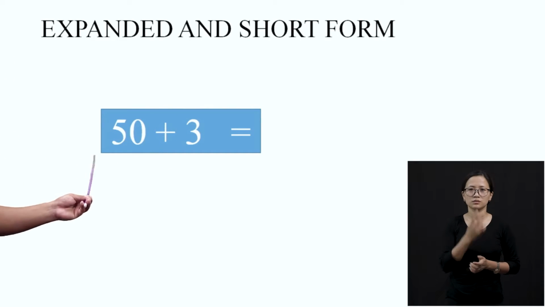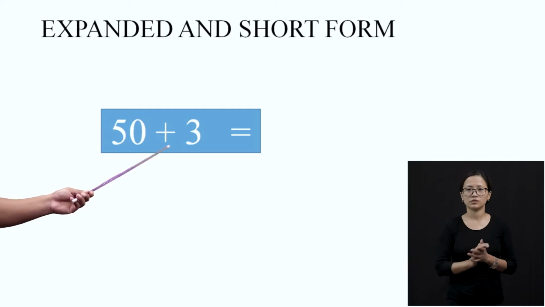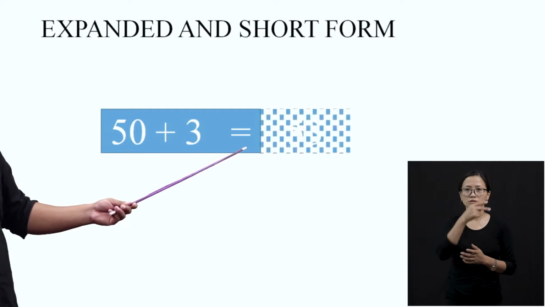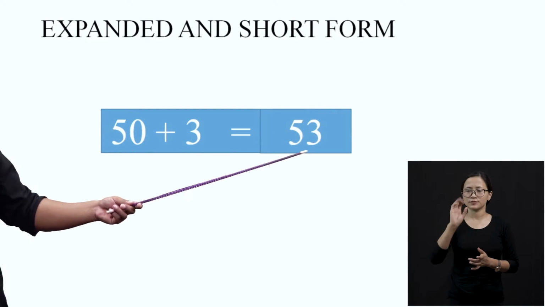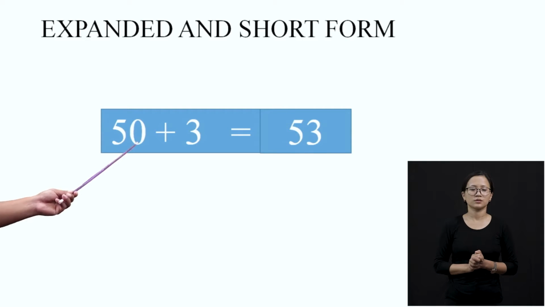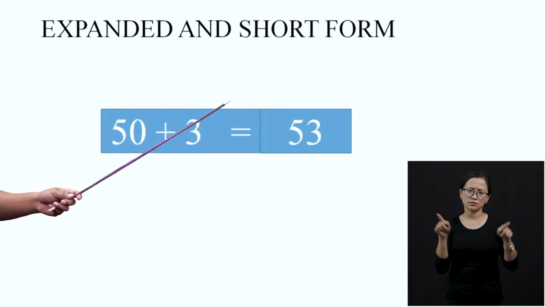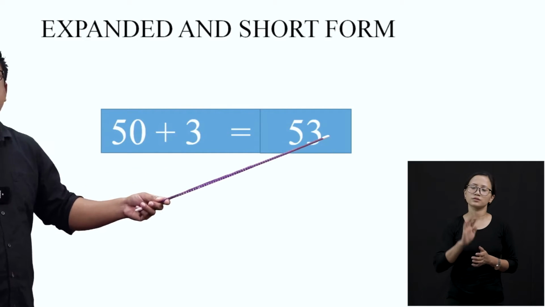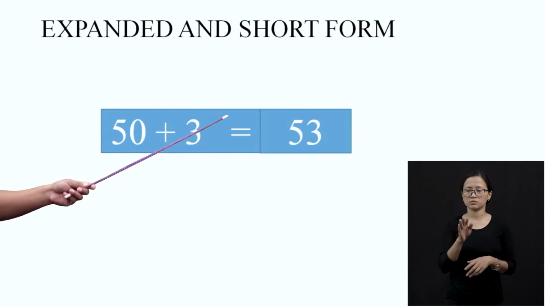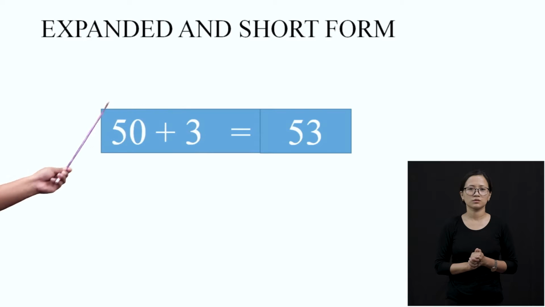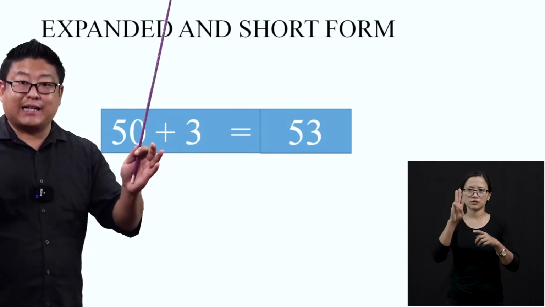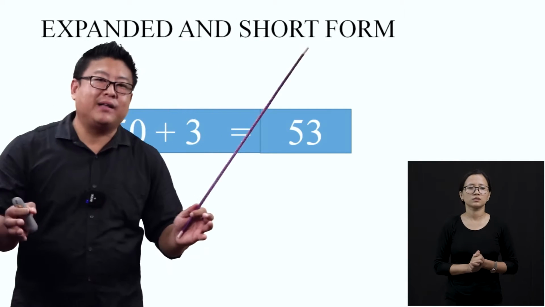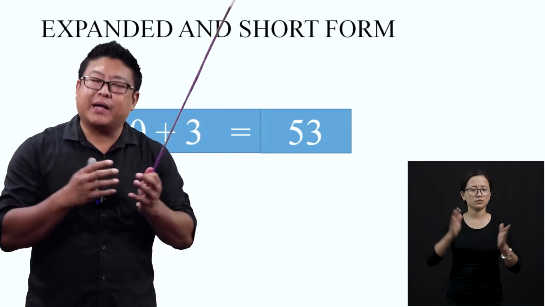Here we can see that 50 plus 3 is equal to 53. That means 50 plus 3 is the same as 53. There is no difference except that this 50 plus 3 has been expanded. Expanded means making it bigger, making it longer.